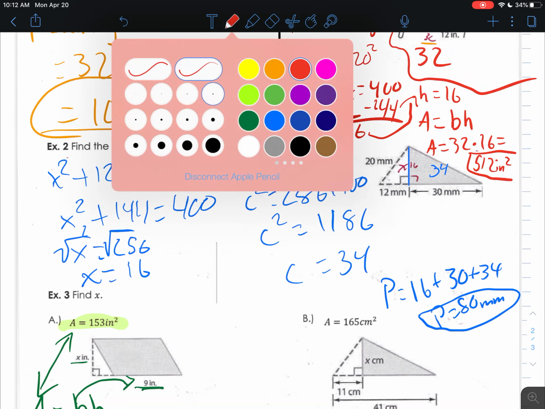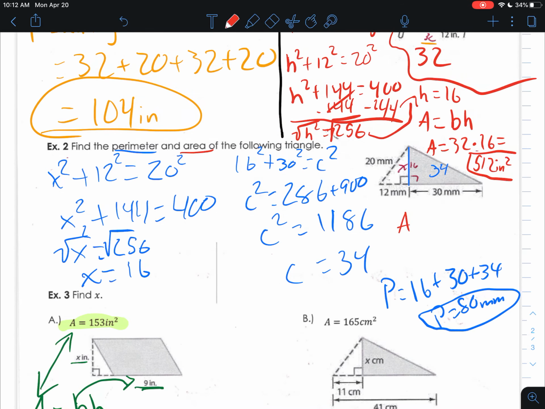And then for area is going to equal 1/2 base times height, which is 30 times 16. Which then gives us 240 millimeters squared. And those would be our answers.